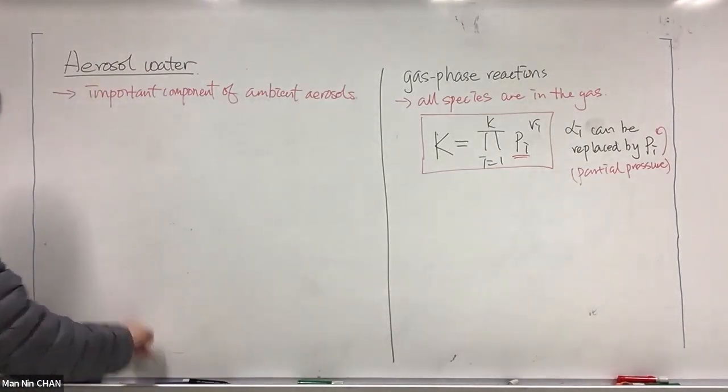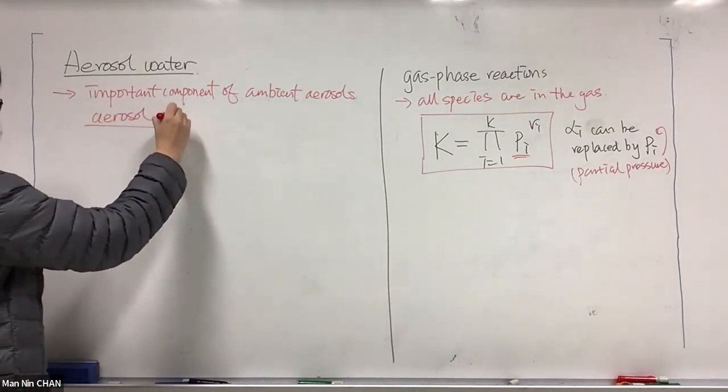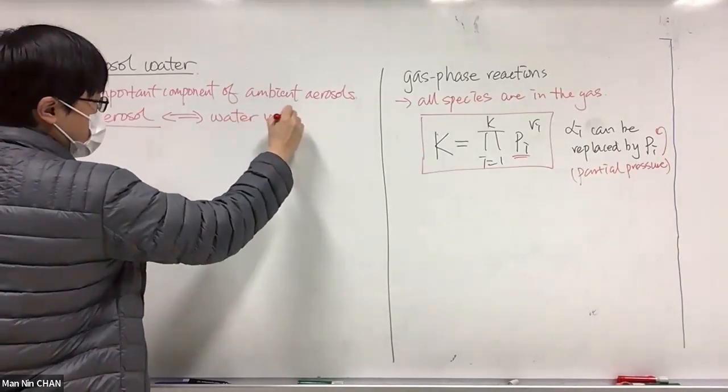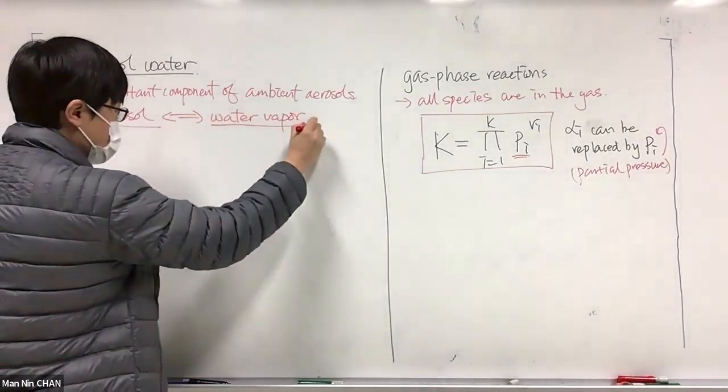So if you look at the aerosol, you can have some interaction with the water vapor. Remember, now we're talking about the water molecule in the gas, the water vapor. So there's some interaction.